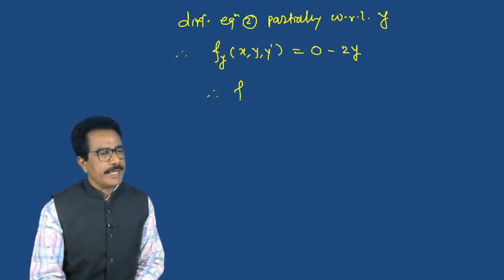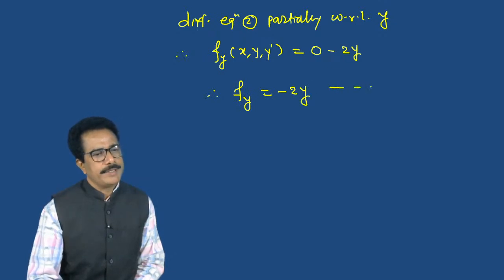So in short we can write fy is equal to minus 2y.